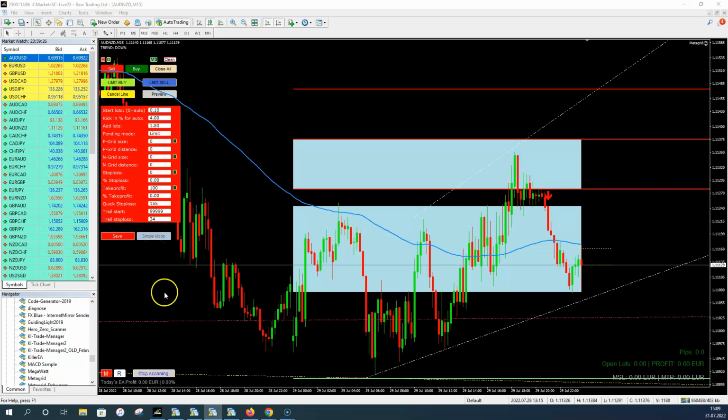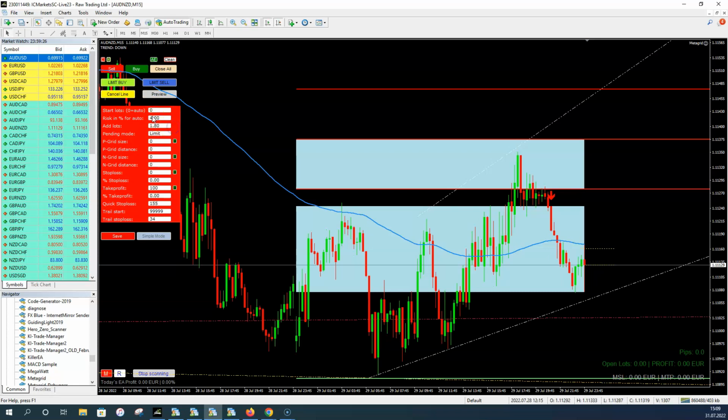The next possibility is that you use a lot size based on your own risk. Then you would put in here a 0, and you decide here what risk you want to go for every trade. For example, I have here 4%. If you use this setting, now the EA would, every time it opens a trade by itself, risk 4% of your money in the account, of your MT4 account, okay?